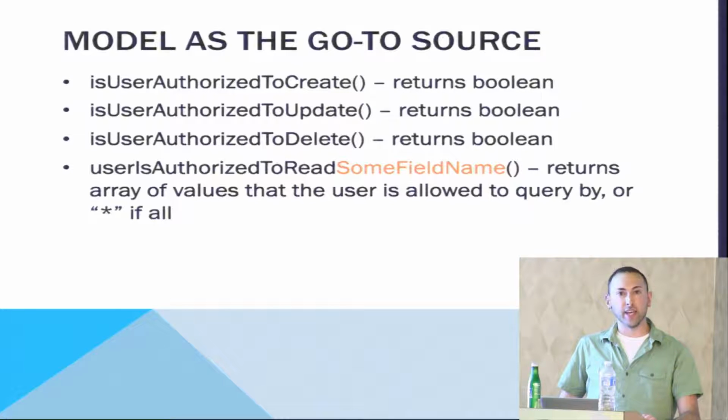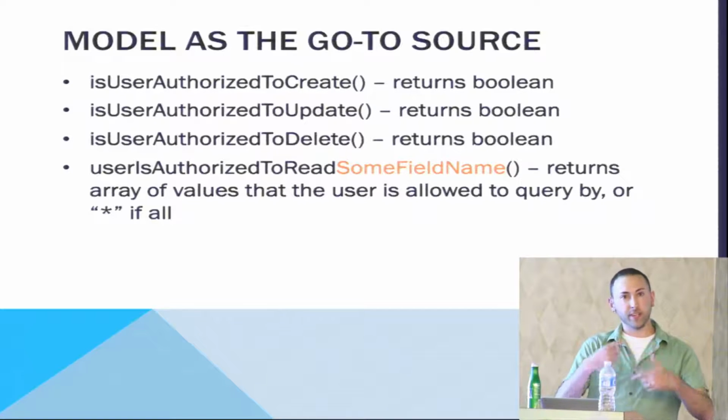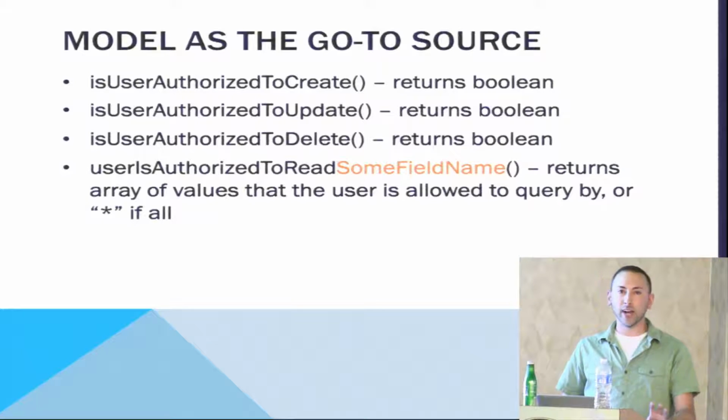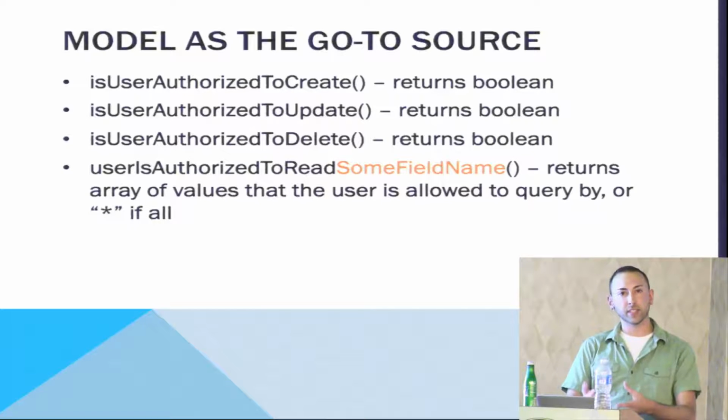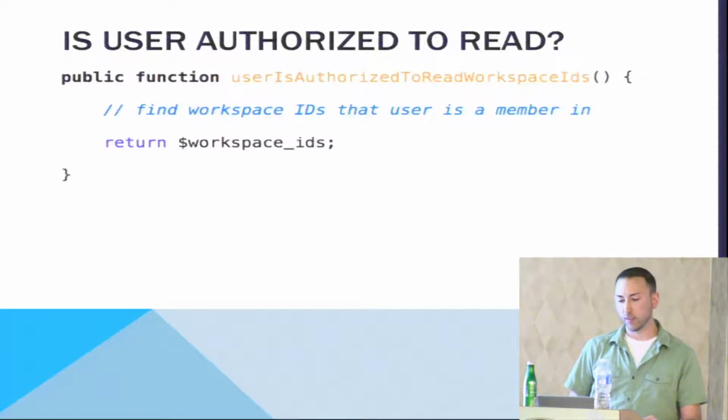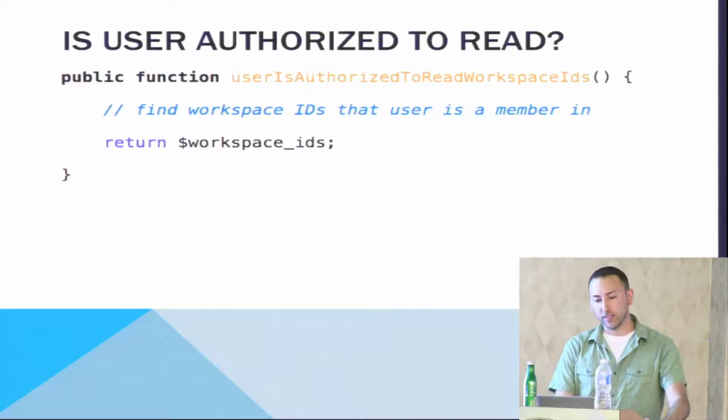We're going to output that. The permissions component is going to do an intersect, and it's going to say, well, actually, they're just a member in workspace ID 2 and 3, so we're going to modify the query and take 4 out of it. So essentially, it still gives them back what they asked for, but it's just limiting it by what they're actually permitted to see. This is just an example of what I just mentioned.